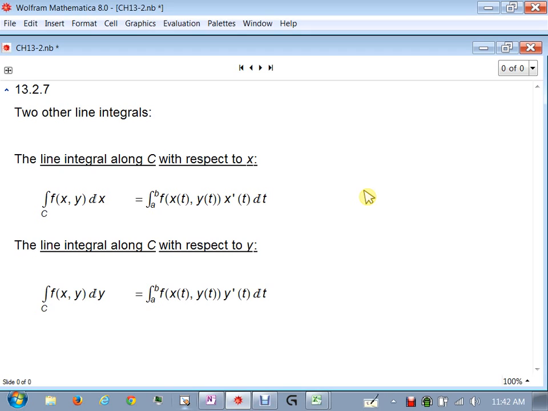So it's basically this formula that we had here. ds was the square root of dx dt squared plus dy dt squared. dx is just this whole thing again, but holding dy dt to be 0. So if you do that, that's just dx dt.